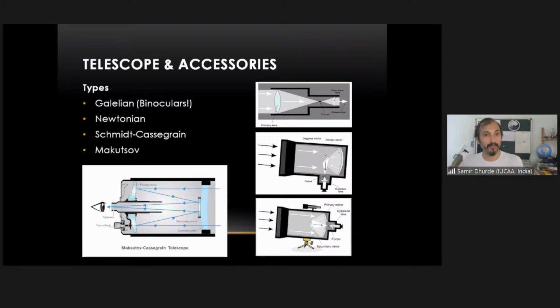There are further advances where you started taking care of other things. The introduction of a smaller concave mirror in the Schmidt Cassegrain caused some changes. Sometimes some aberrations came in because of the use of two different concave mirrors.